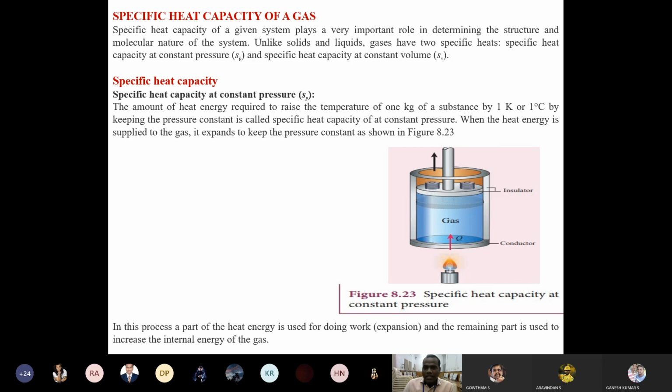So how can we keep the pressure constant? In this process, a part of the heat energy... Just imagine this figure. We are adding heat by heating this piston cylinder arrangement.